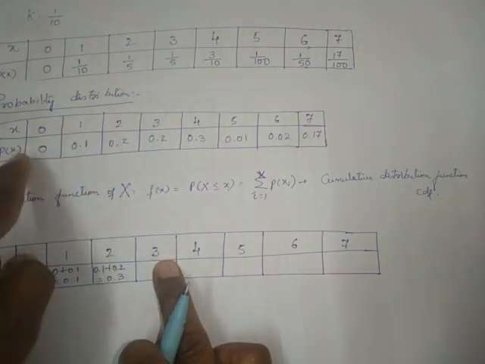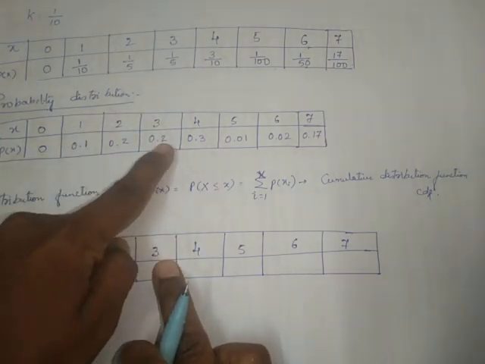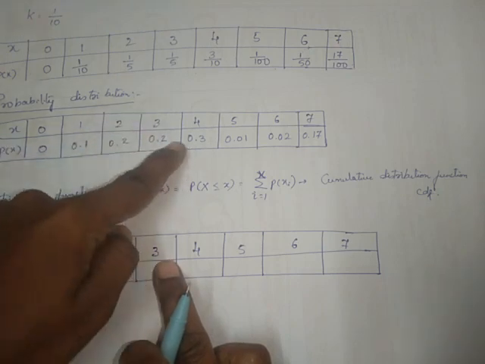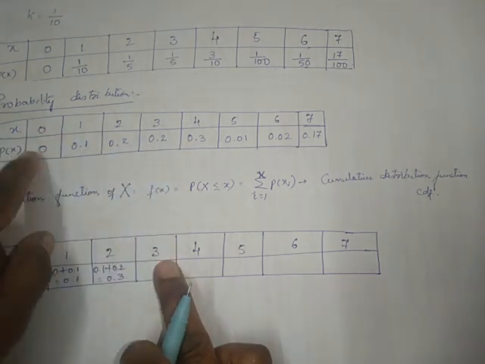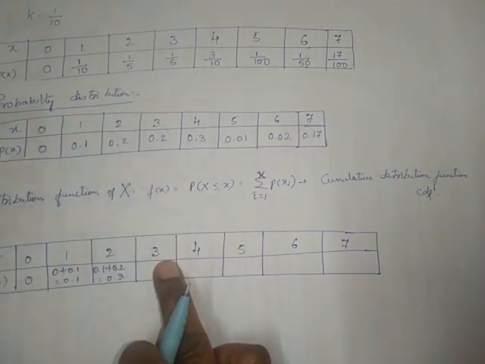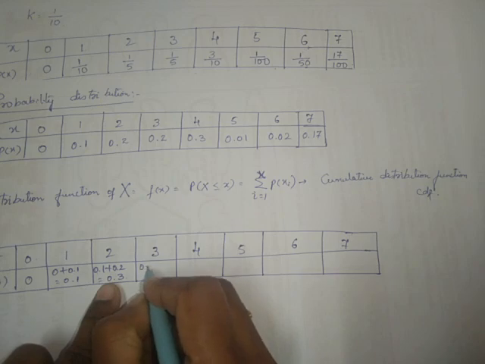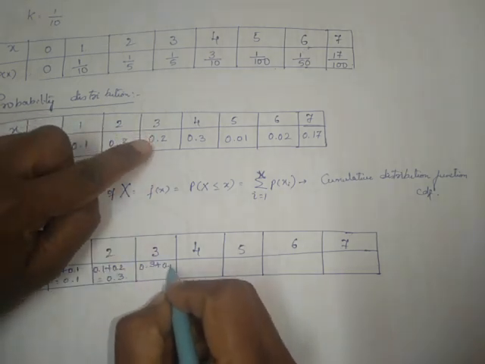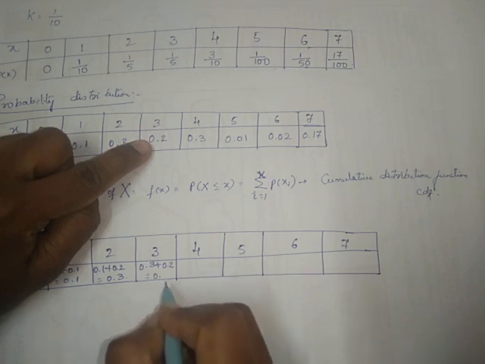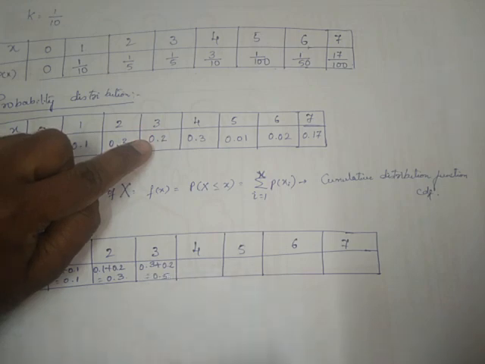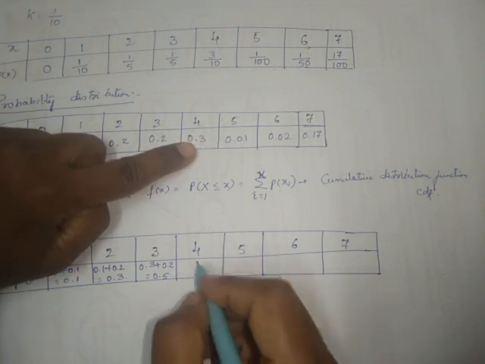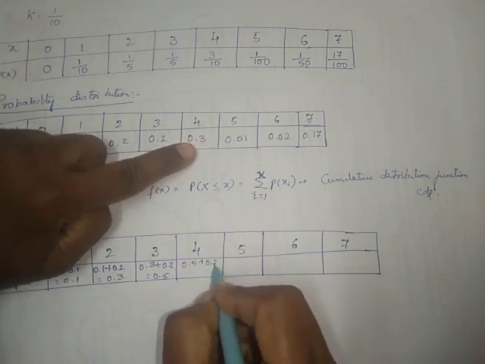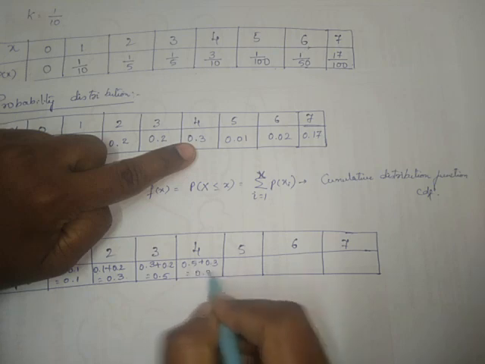Next, the CDF of x is equal to 3: we have to add all the values of p of x from the start till x is 3. The addition of the first three is already here, 0.3, plus at x is equal to 3 it is 0.2, so 0.3 plus 0.2 is 0.5. Then 0.5 plus 0.3 will be equal to 0.8.